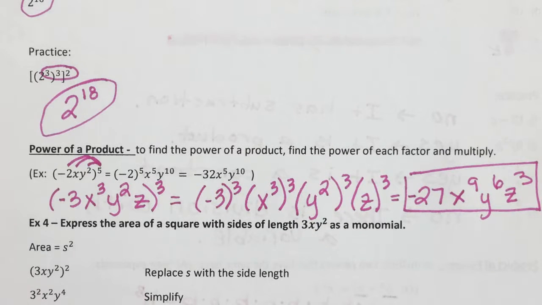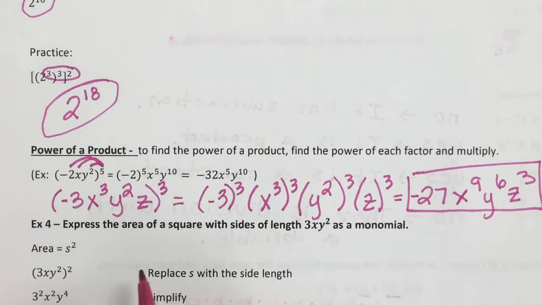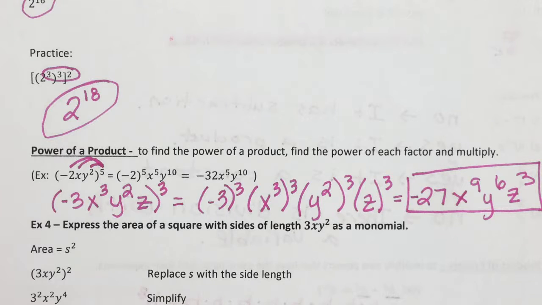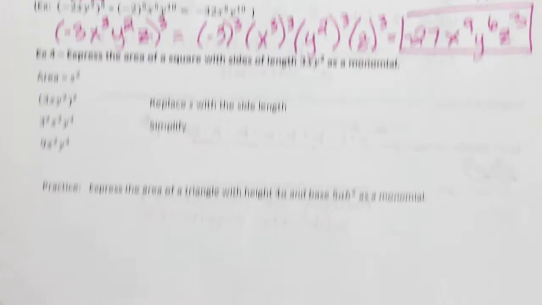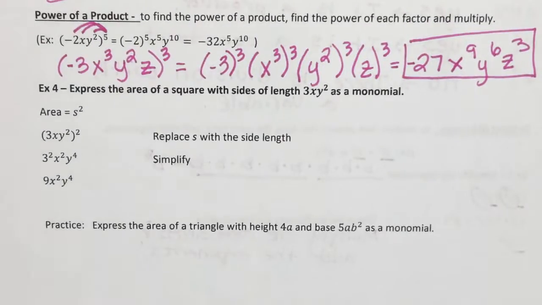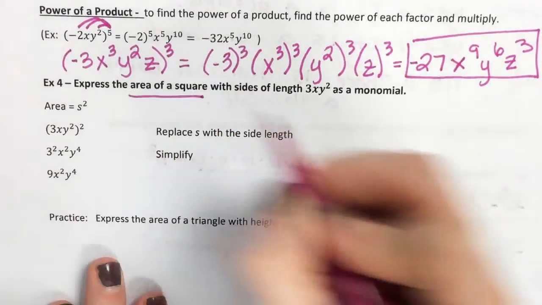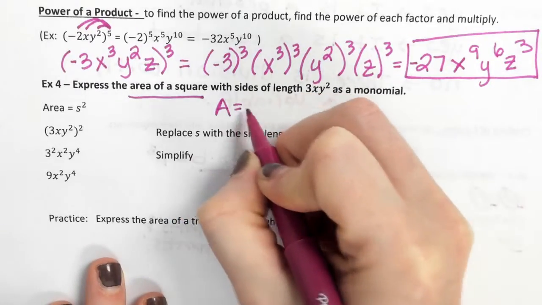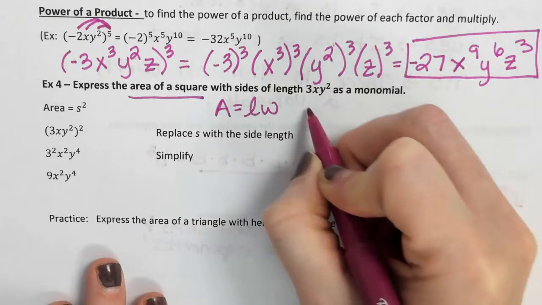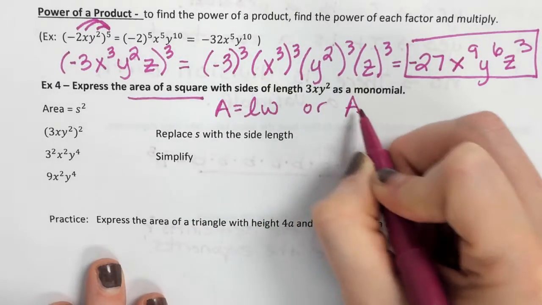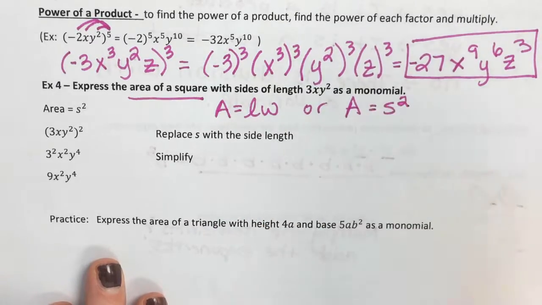Okay, so the last ones we're going to do today, they have to do with area, and some that we'll have to do later have to do with volume. That means you need to know these basic formulas. I'm not going to give you any of them on your test. This first one is just area of a square, so we should all know that is, you can either use length times width, or you can use the side length squared.